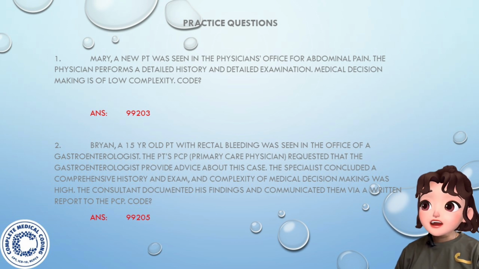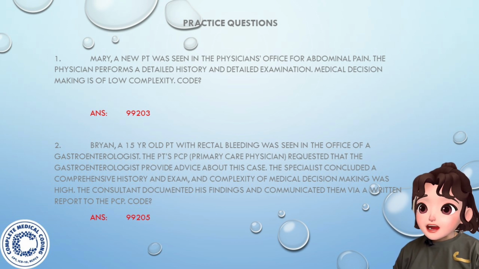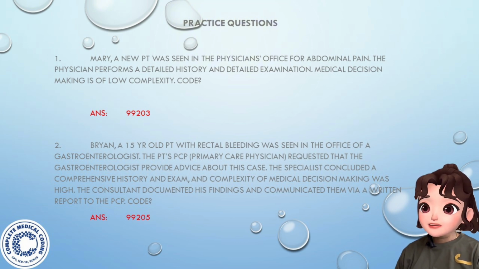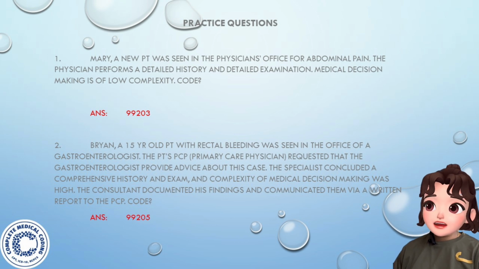For coding E&M codes, you can identify directly from the question itself whether it is an office visit, emergency department, critical care, preventive measure, whatever it is. Here, this is a new patient, and it is performed in the physician's office. So it's an office visit. You can directly take the E&M code.